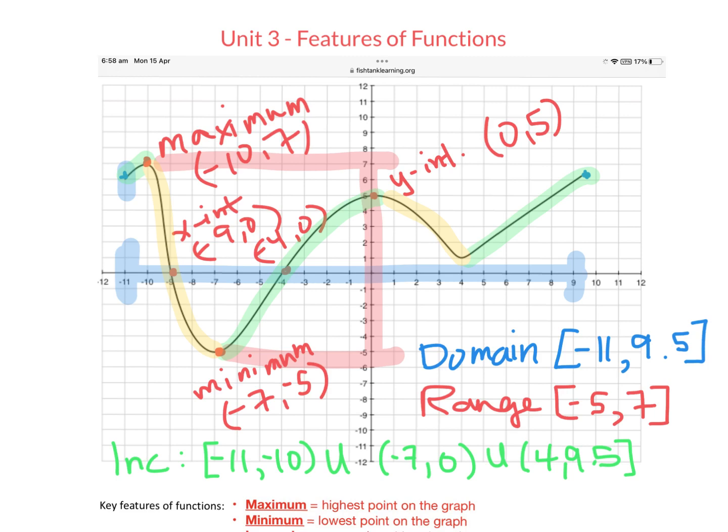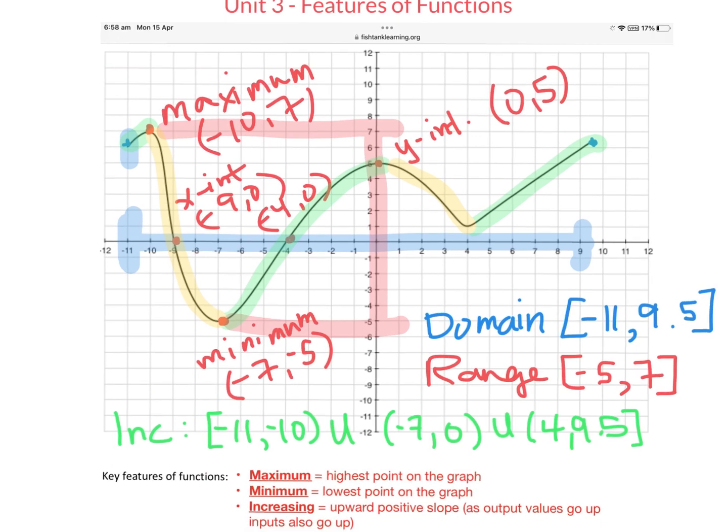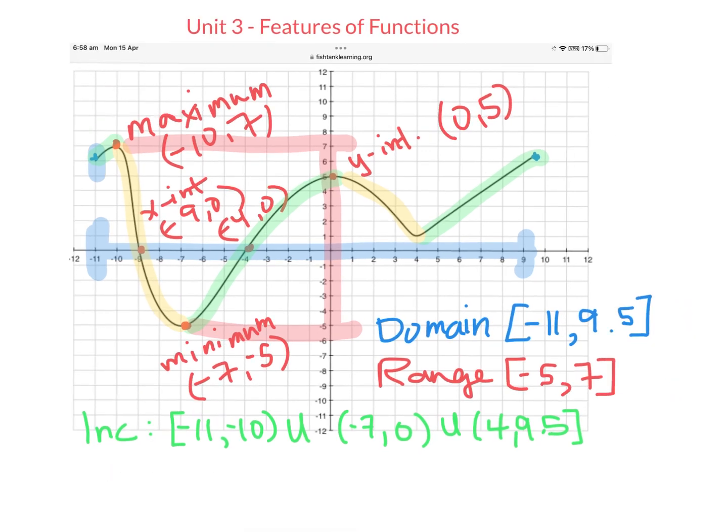Where it's decreasing, we'll write those decreasing intervals. So we'll write DEC for decreasing. And it looks like it's decreasing from -10 all the way to -7. Just has parentheses around it, in union with 0 to 4.